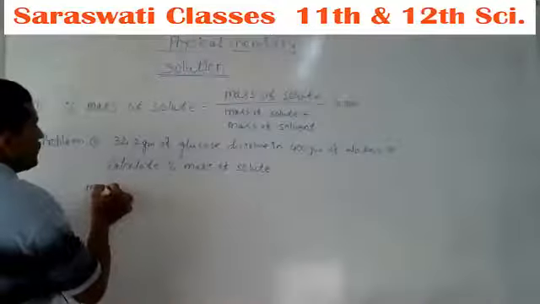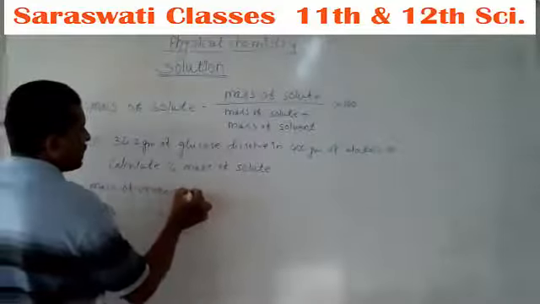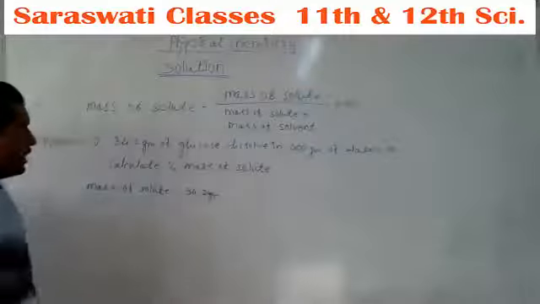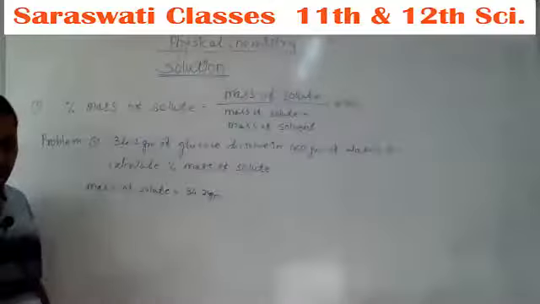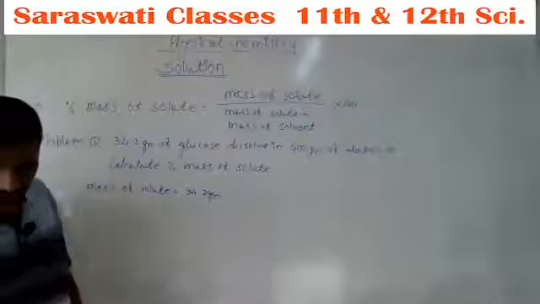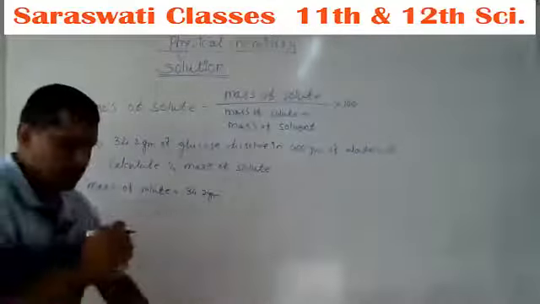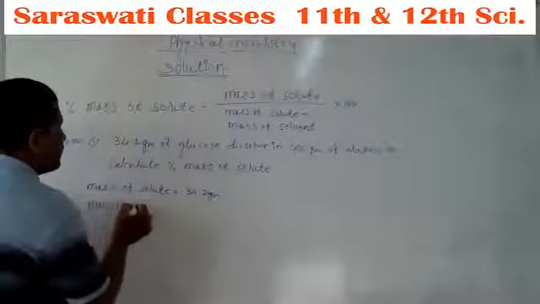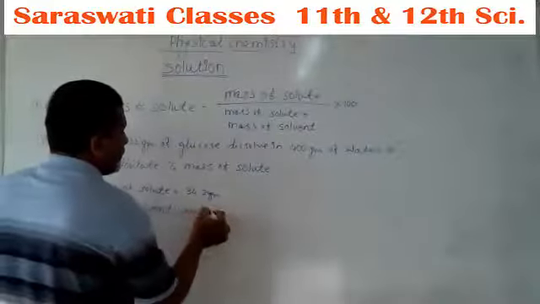Mass of solute is equal to how much? 34.2 gram, and mass of solvent is 400 gram.